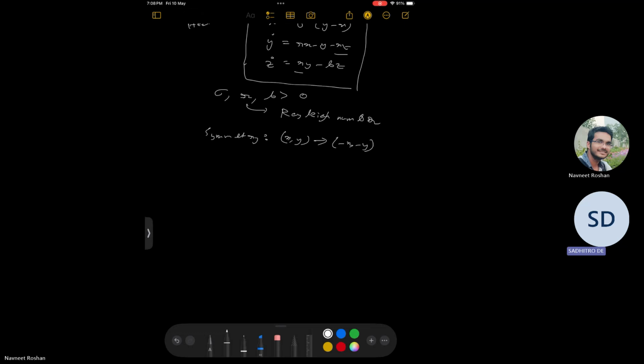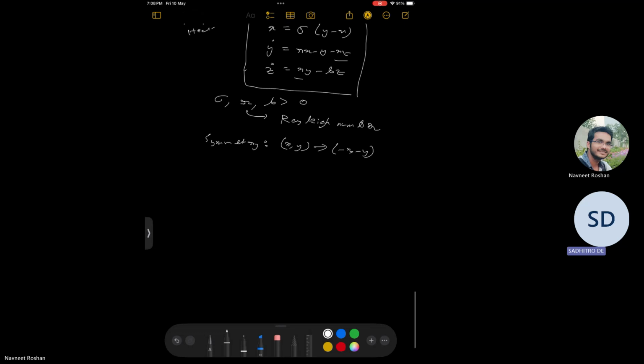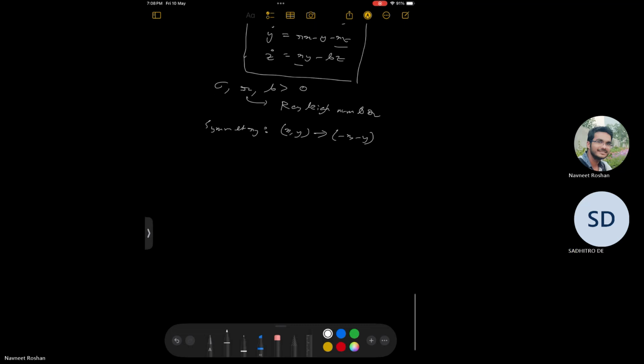In other words, the solutions are symmetric about reflection about the z-axis. So this is one observation that we make. The second observation that we make here is that there is a volume contraction in phase space.